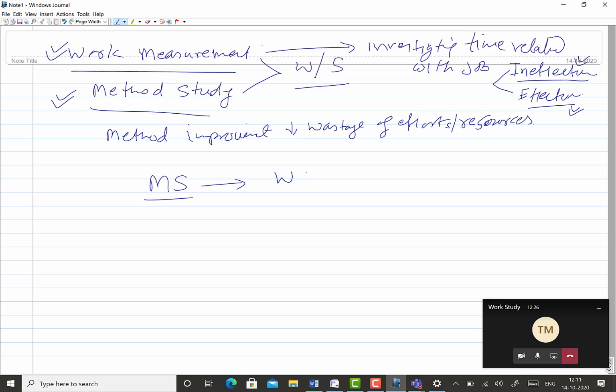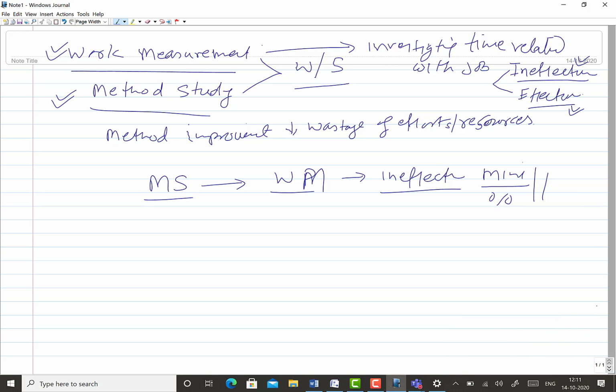So for setting the time standard, work measurement is being done, because time has to be set for the new method which has been improved by the method study. And then while doing the work measurement, you find there is still some ineffective time, and what is its percentage, or what is the magnitude of the time in minutes, that is identified. So if it happens, then again you have to go back to the method study.